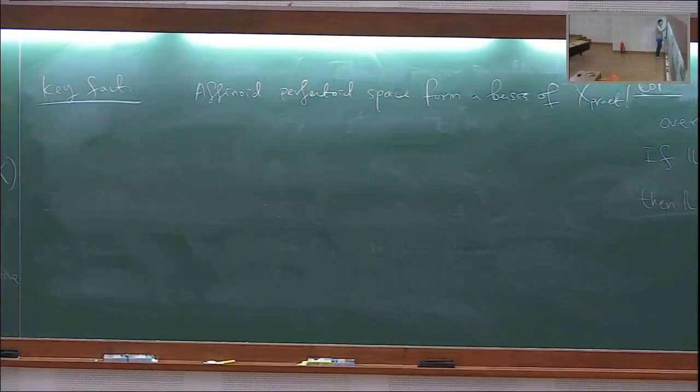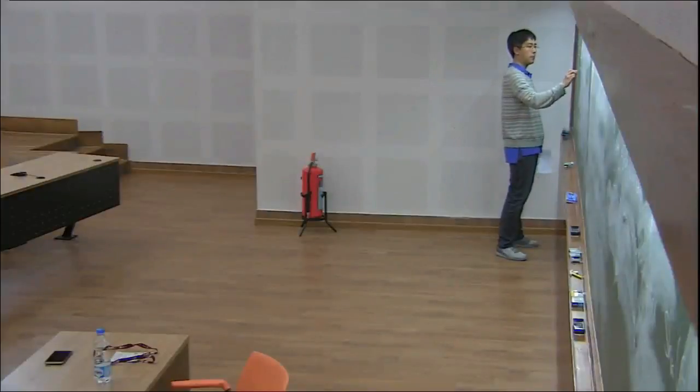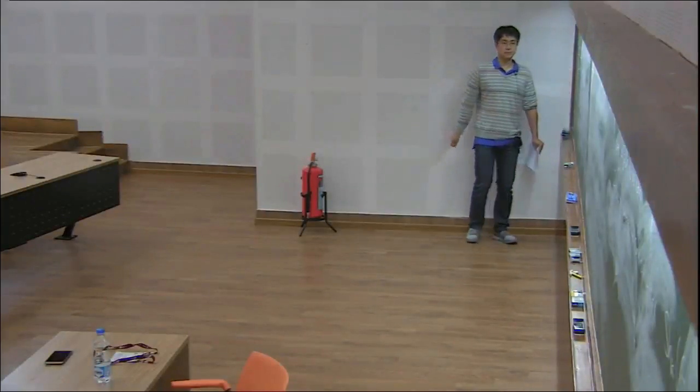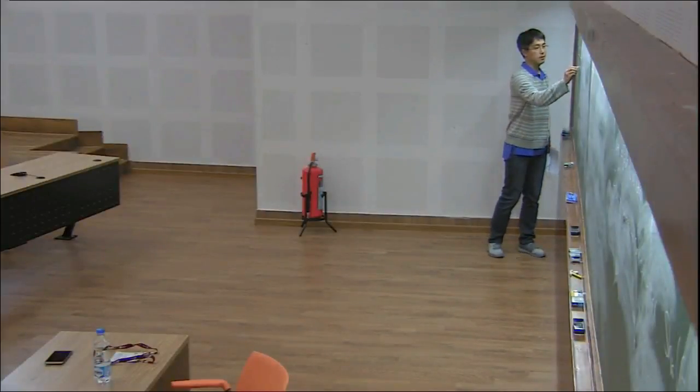Affinoid just means this is a space associated to a single algebra, right? Affinoid perfectoid space. This is one example.